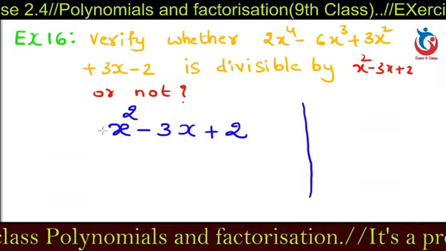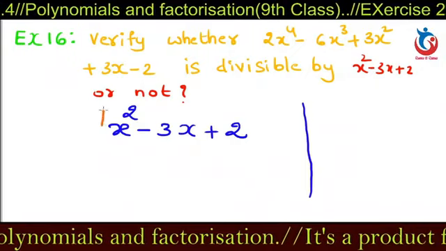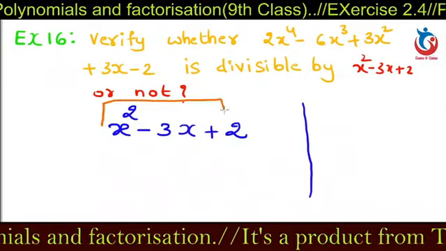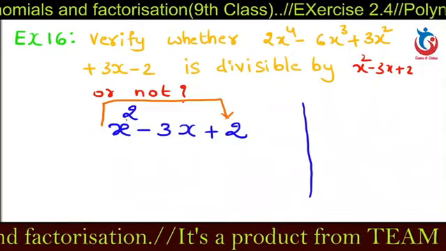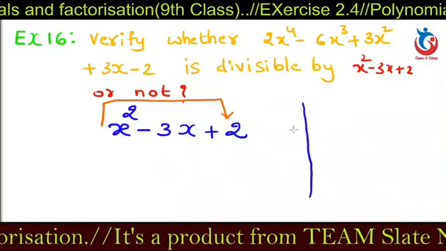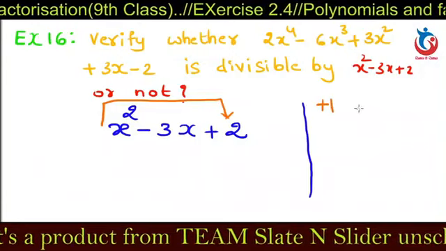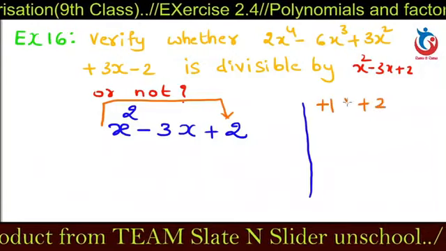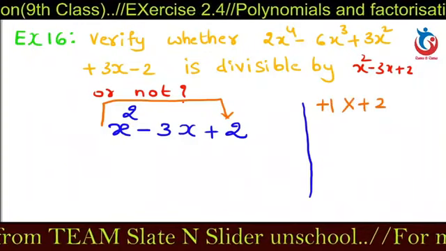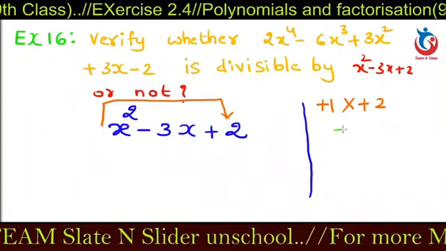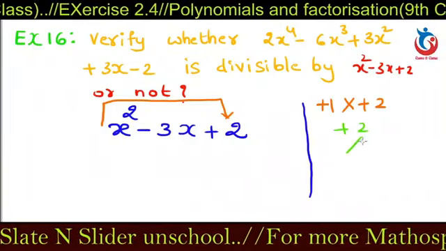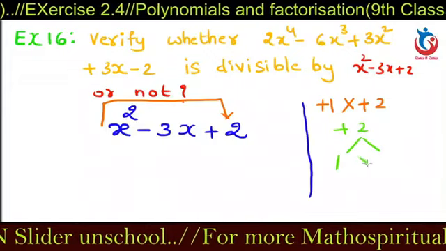And we have to multiply the coefficient of x square with 2. The coefficient of x square is plus 1, so write the product of plus 1 and plus 2. By multiplication we get plus 2. Write all the factors of plus 2. I will write 1 into 2.